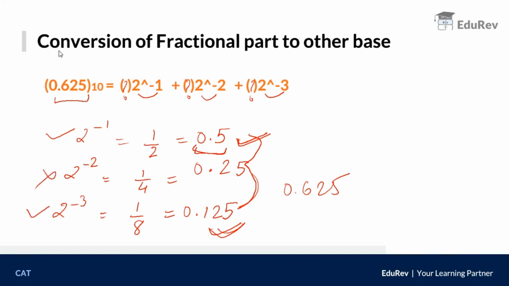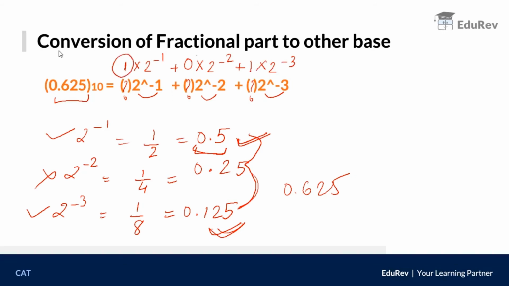Okay, so that means here I'm going to multiply 1 with 2 raised to minus 1. So I will get 0.5. I didn't use the second one, so I'm going to multiply it with 0. So 0 into 2 raised to minus 2. And the third number will again be multiplied with 1 because I used it. So 1 into 2 raised to minus 3. So what did we use?